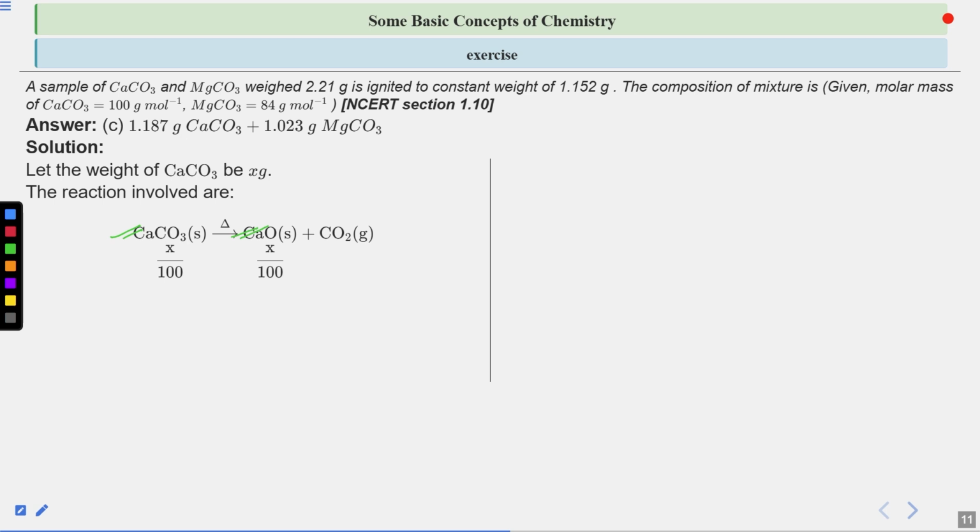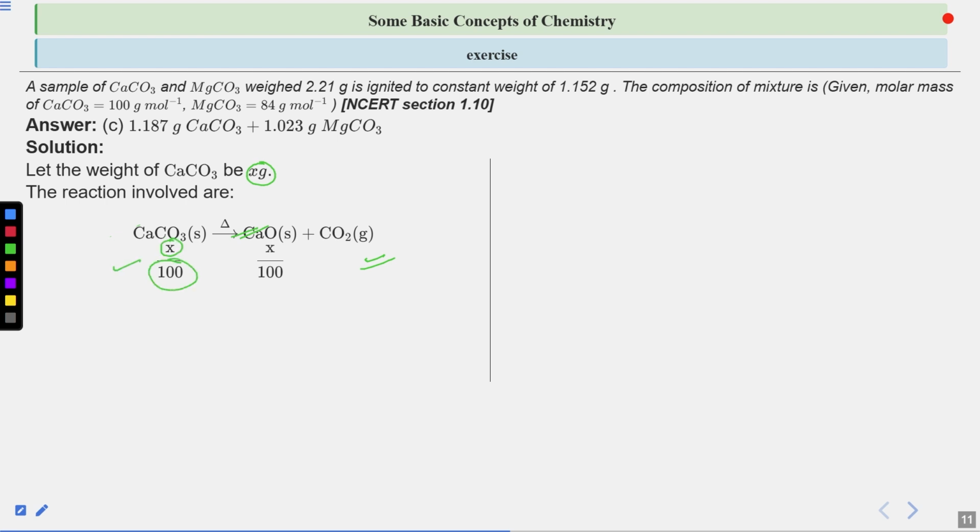Is this point clear to you till now? Any doubt in this equation? Again, I am repeating it. We are taking the weight of calcium carbonate as x gram. Then we can calculate the number of moles of calcium carbonate as given mass by the molar mass.